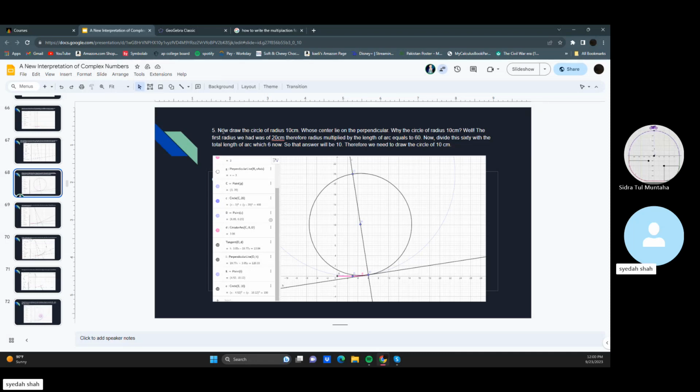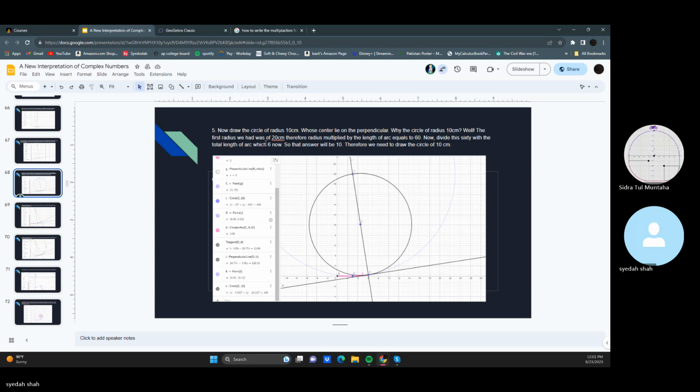Now we draw the circle of radius 10 centimeters whose center lies on the perpendicular. Why the circle of radius 10 centimeters? The first radius we had was 20 centimeters. Therefore, the radius multiplied by the length of the arc equals 60. Now divide this 60 by the total length of the arc, which is 6 now. So the answer will be 10. Therefore, we need to draw the circle of 10 centimeters.